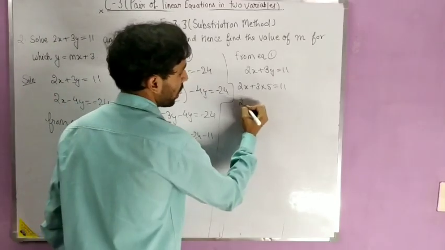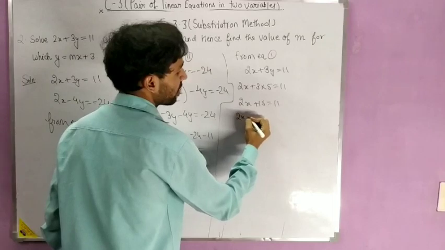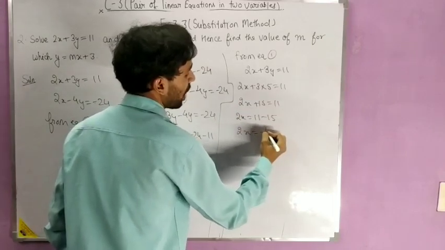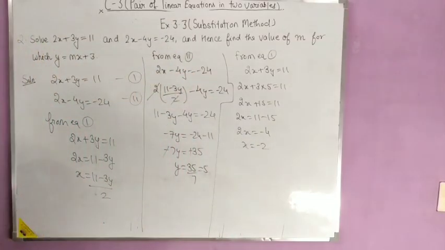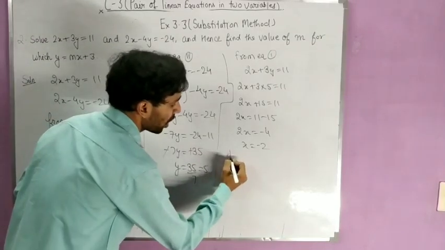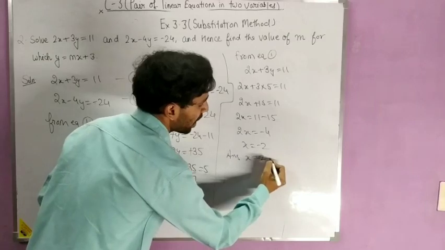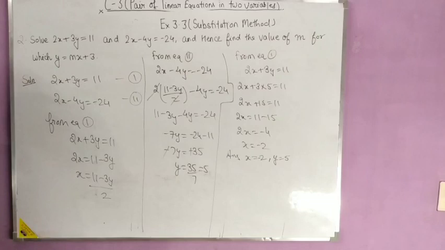Now 2x plus 15 is equal to 11, or 2x is equal to 11 minus 15, or 2x is equal to minus 4. So x equal to minus 2. Okay, so you got the value of x and y both. Your answer will be x equal to minus 2 and y equal to 5.